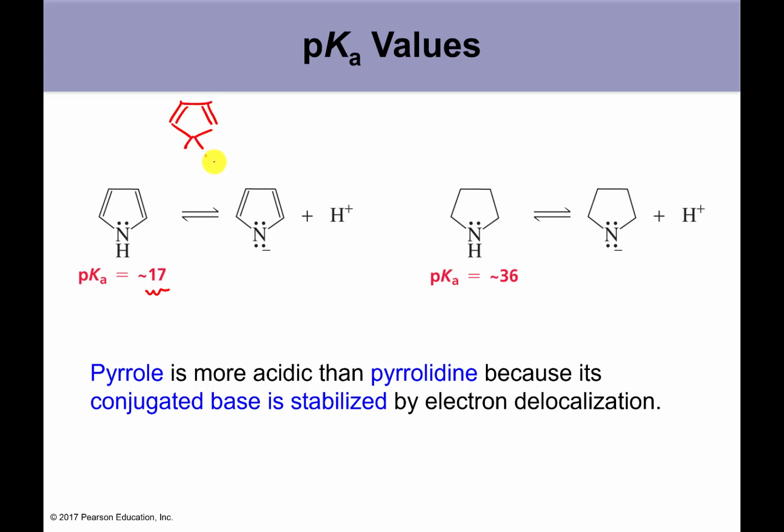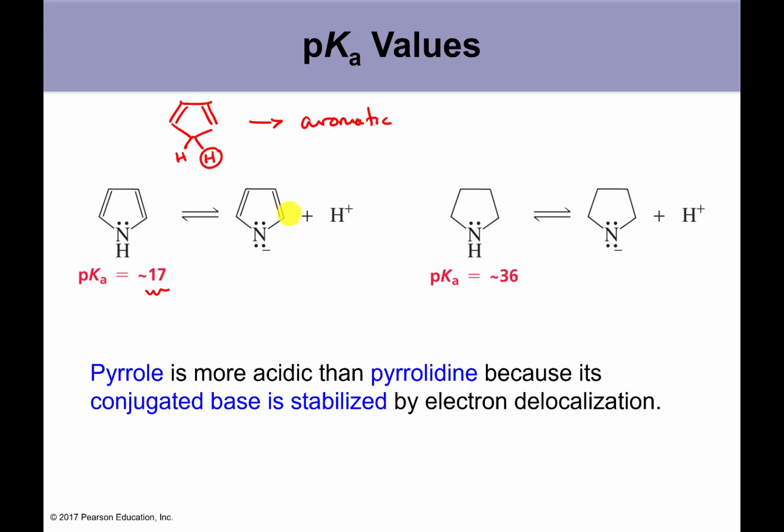Cyclopentadiene's pKa is lower than that of pyrrole, so I think it's around 15 if I remember right. It's lower than that because when you remove this proton, it becomes aromatic. And then this is already aromatic, so removing the proton doesn't give it any additional stability. But the negative charge is still delocalized by resonance.